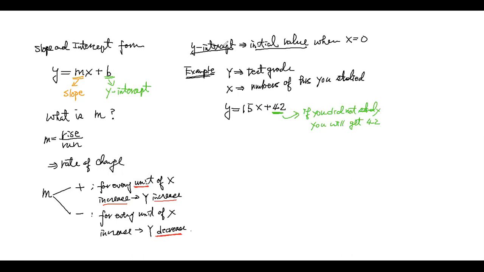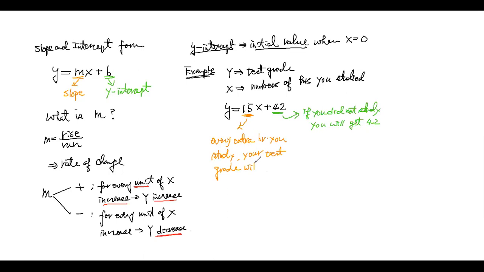So now, what does this 15 mean here? Don't tell me this is the slope. So what does the slope mean? So 15 will tell you what? That means every extra hour you study, your test grade is increasing or decreasing.